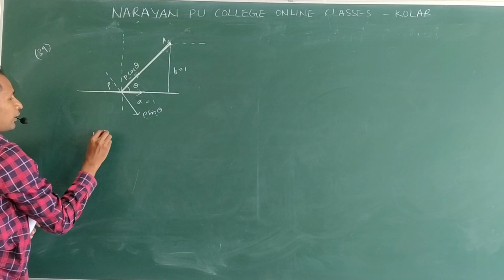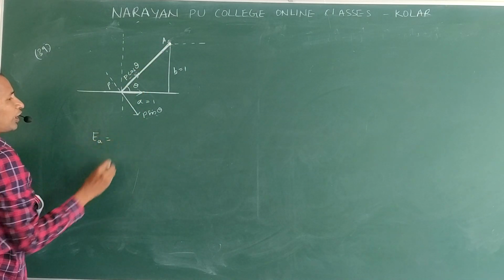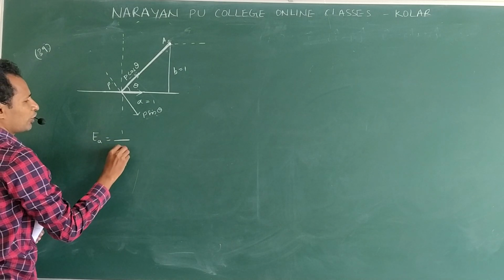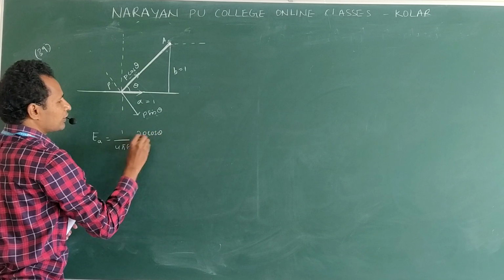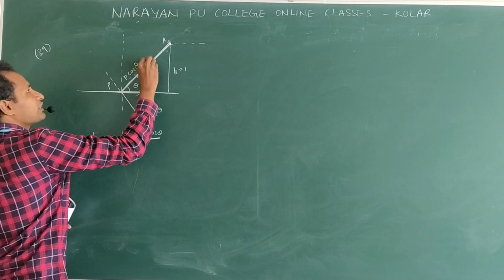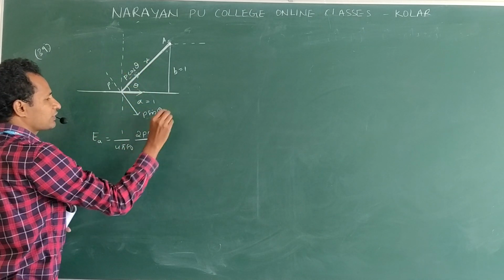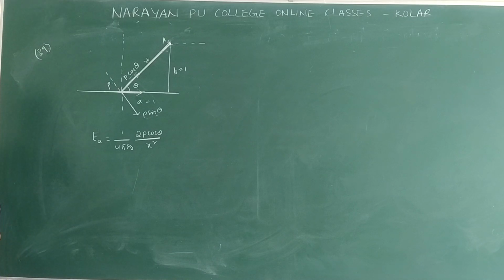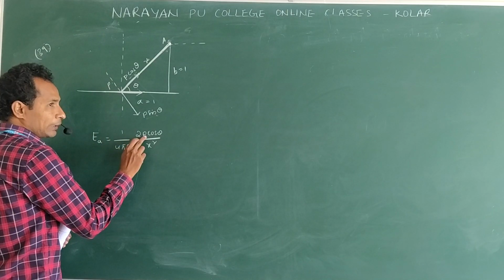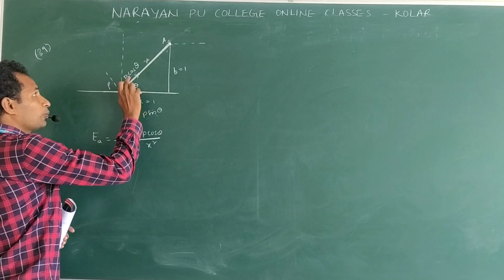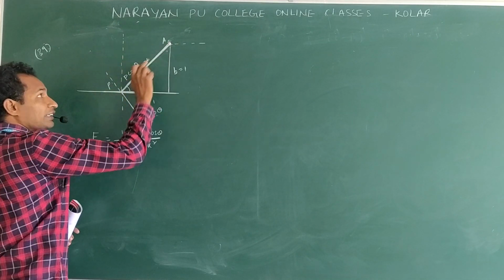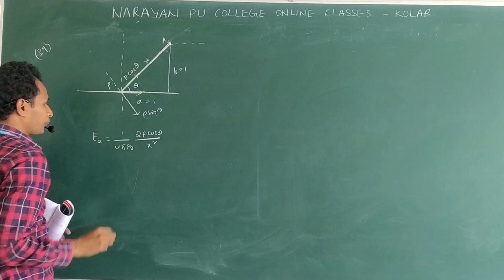Now on axial line, formula is what? 1 by 4 pi epsilon naught 2P cos theta by, let us say this distance x square. There we taken only P. P is the dipole moment in our derivation, but here dipole moment is P cos theta along the given line.